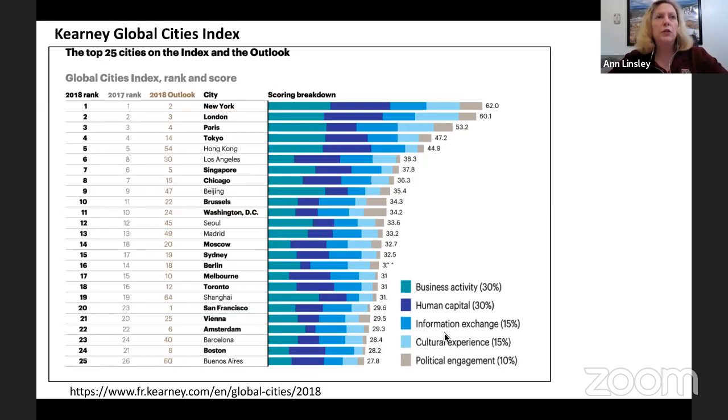Now, this is the Kearney Global Cities Index. This is always a fun one to look at because this one pulls in technology. So the exchange of information. It also pulls in human capital. So this is not just population, but this is also attributes of the population, types of businesses, but cultural. Do people want to live here?